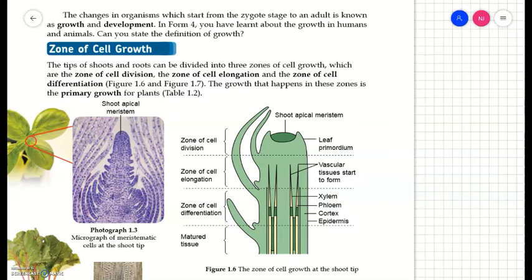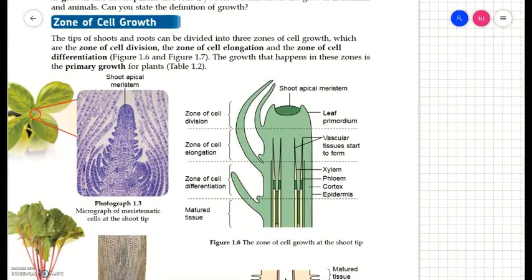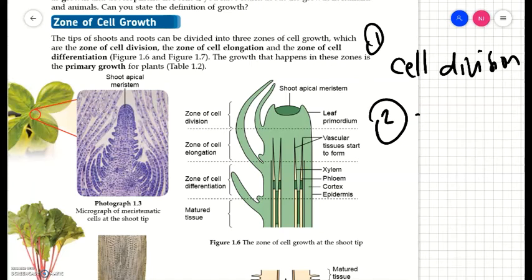Zone of growth. Okay, zone of cell growth. The tips of shoots and roots can be divided into three zones of cell growth. The first one is the zone of cell division. The second one is cell elongation.